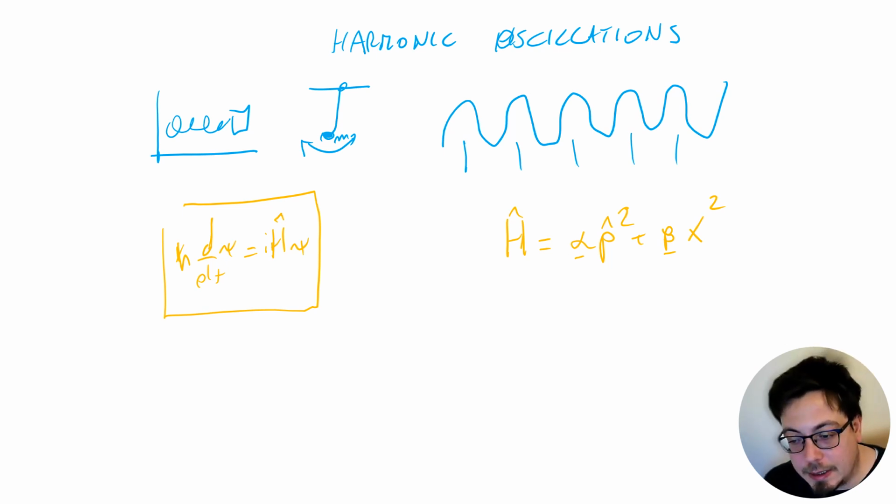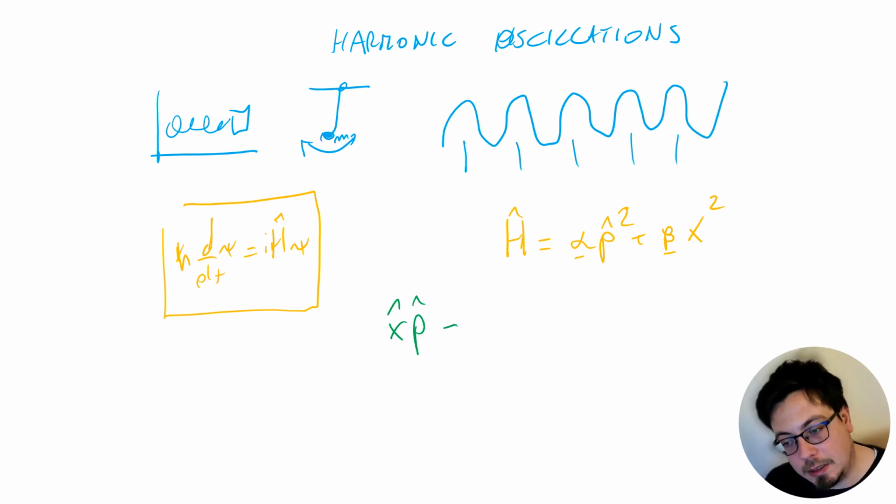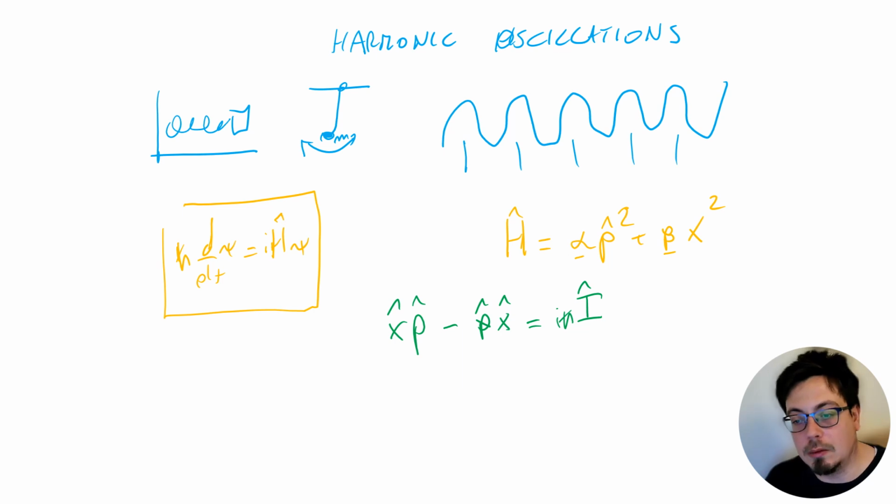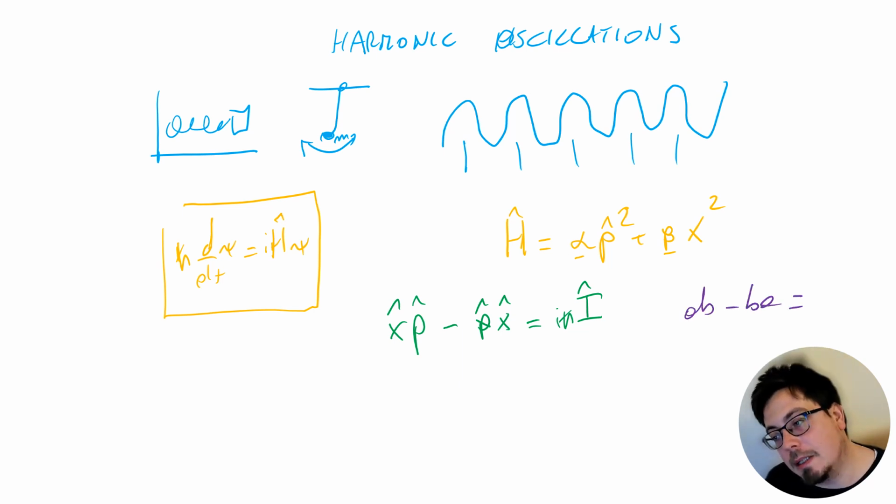Last time we talked about the uncertainty relation. We said that whatever we call P and X, they must satisfy this equation. These are two operator matrices. They do not commute. Numbers always commute: AB minus BA, if they are numbers, is always zero, doesn't matter which number you put in.